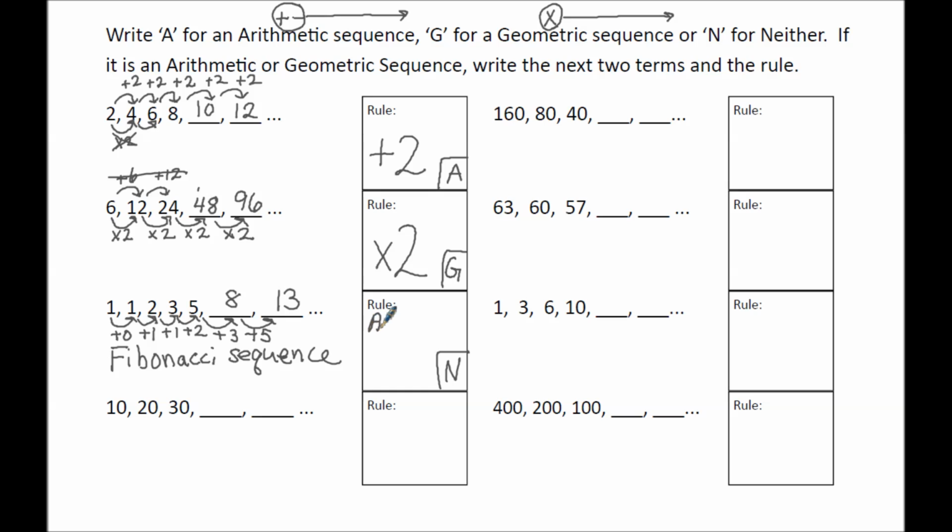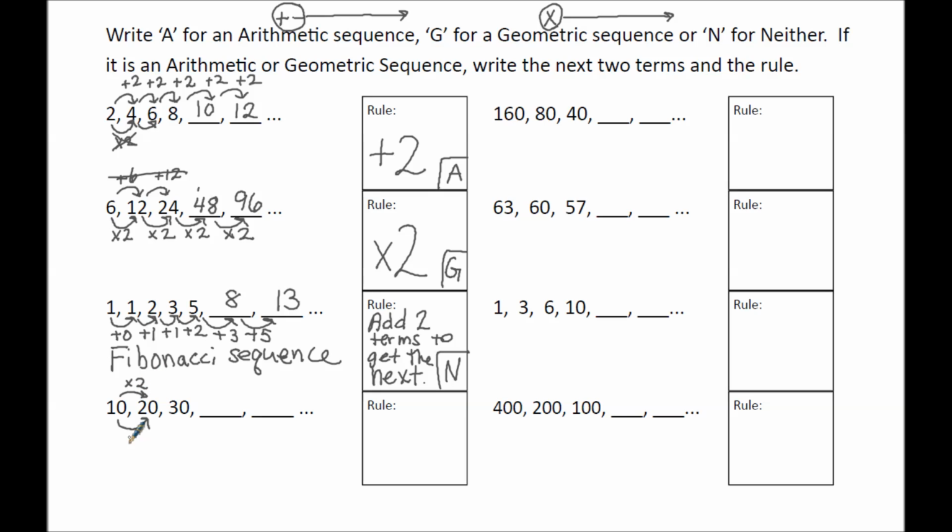So this keeps on going, and the next one that I would be adding is 8. So the rule here is that I add 2 terms to get the next one. All right, and that's a very messy rule. That's why it's neither arithmetic or geometric.